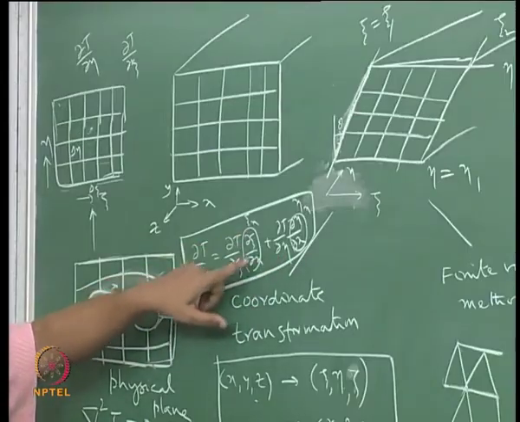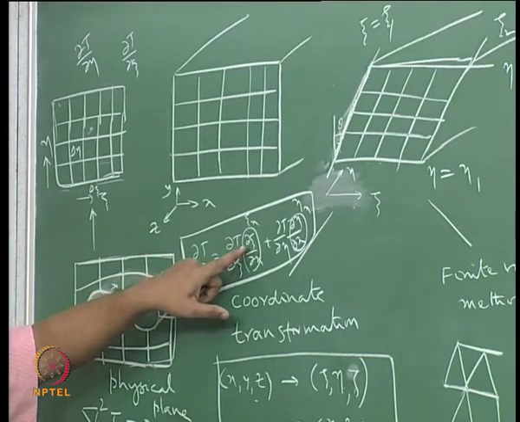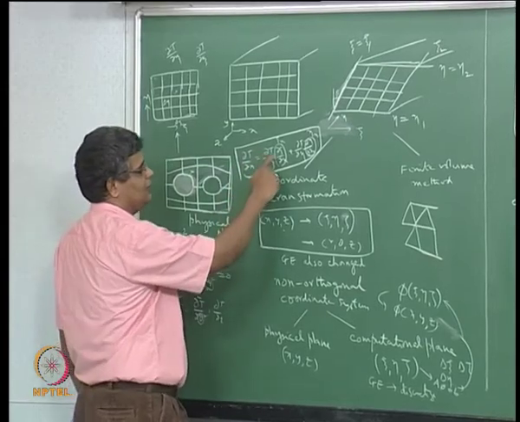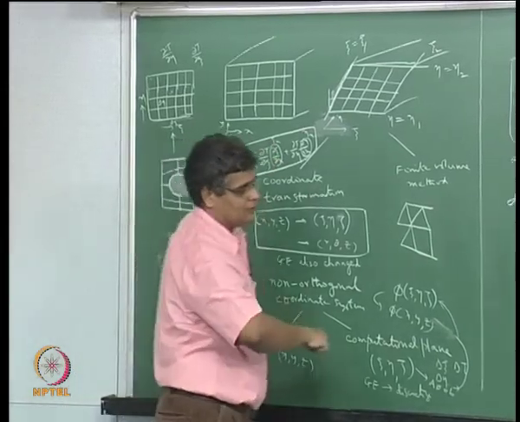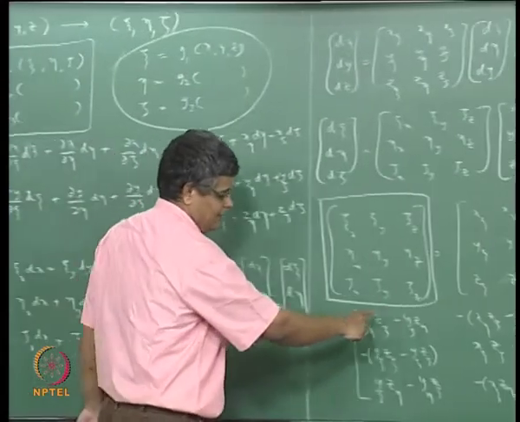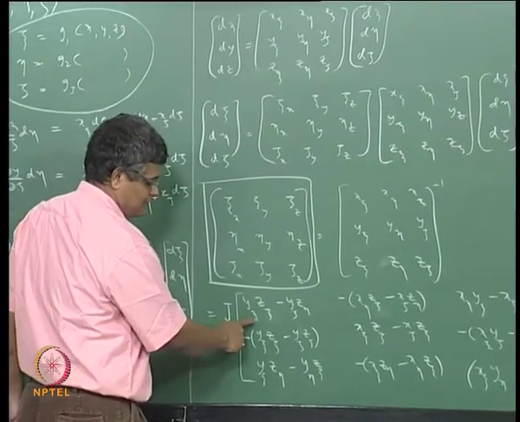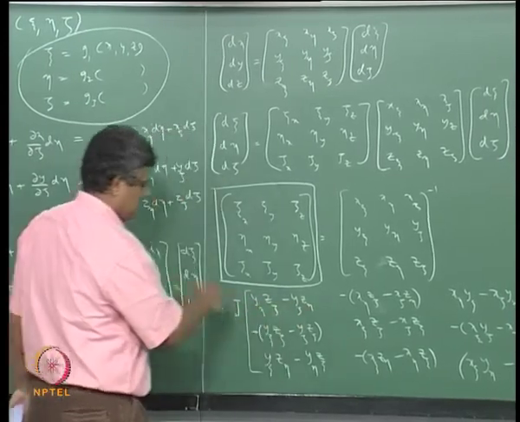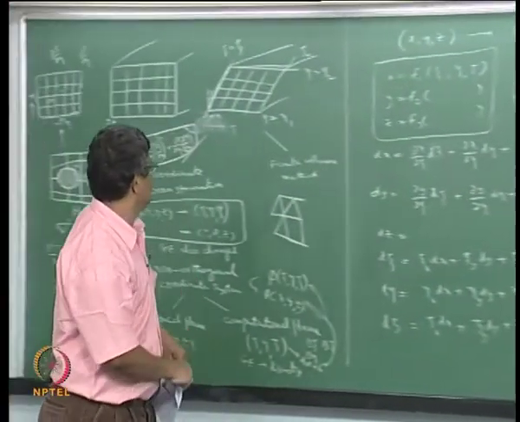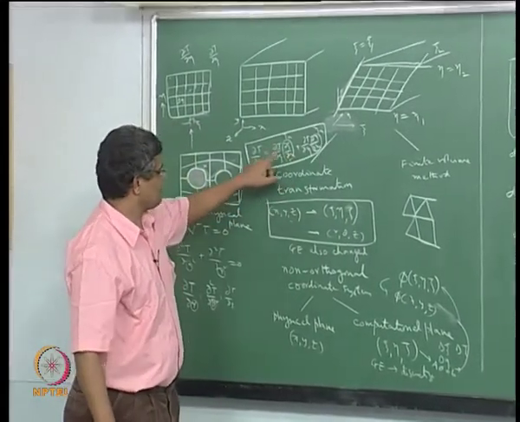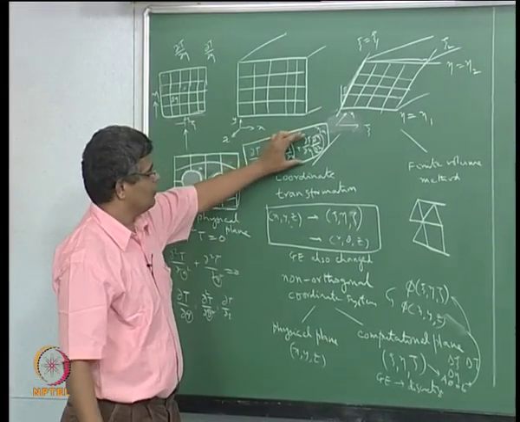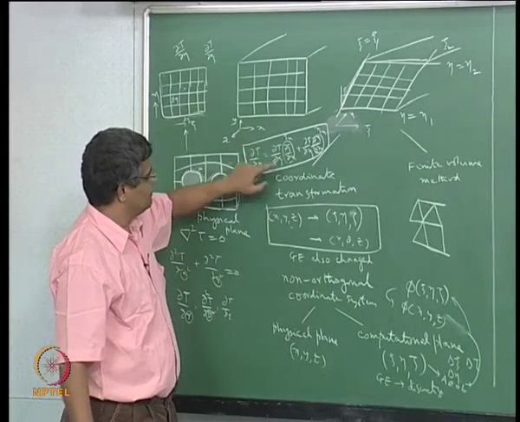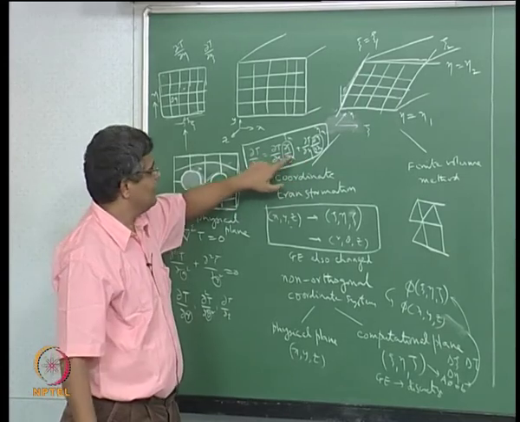In the process we have to come up with these metrics of the geometric transformation, and these we compute from the corresponding variation of y with respect to eta and z with respect to zeta, like this, and then using these transformation rules we get the metrics of the transformation, and that will give us the overall discretized equation in terms of the derivatives of the variable with respect to psi eta zeta and the metrics.